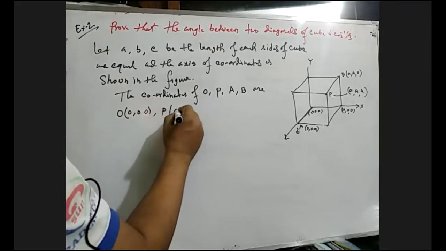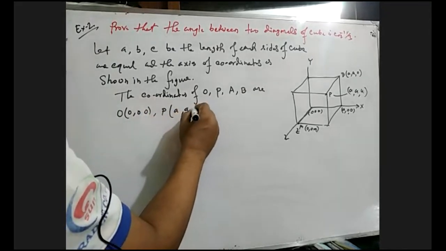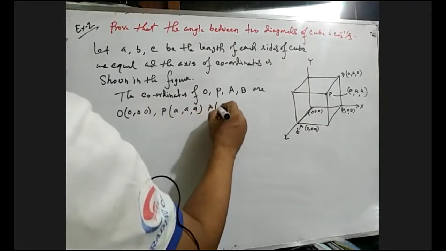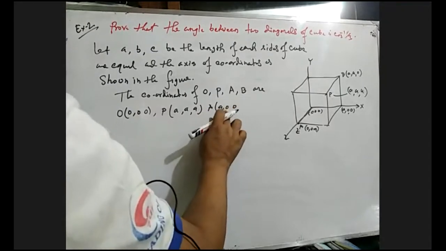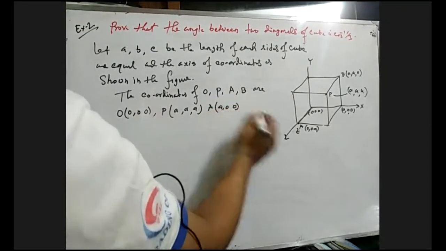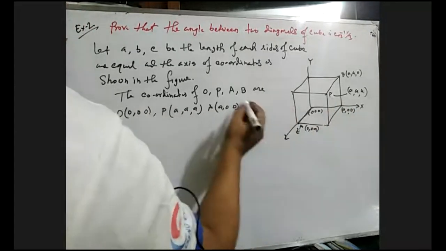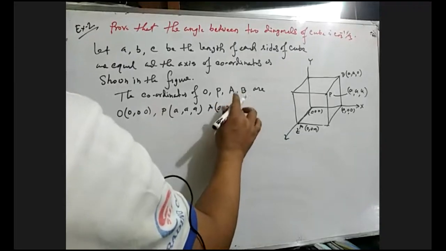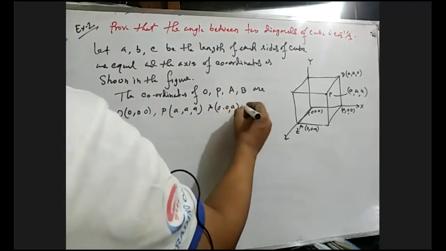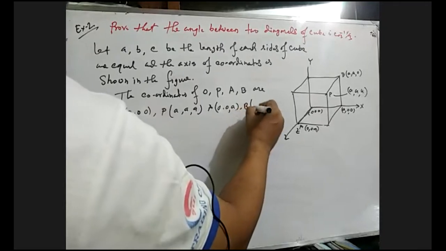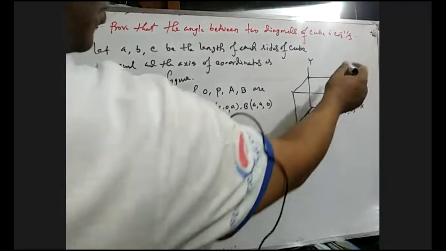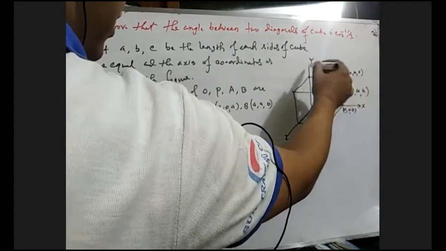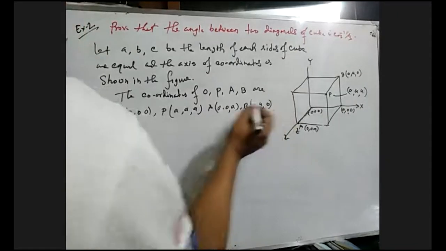P point will be X equals A, Y equals A, and Z equals A. And A point will be 0, 0, A, where X equals 0, Y equals 0, and Z equals A. And B will be A, A, 0. At B point, Z equals 0. Remember it.